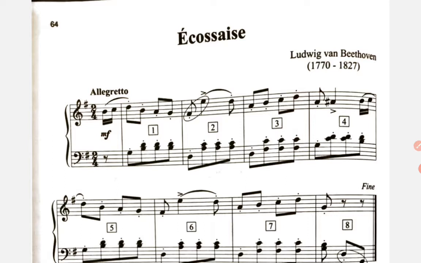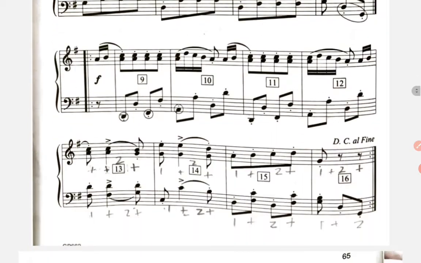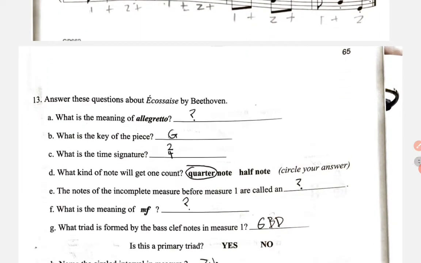So let's first look at some answers and see if they are correct. Question number 13 is about Kosiase by Beethoven. A. What is the meaning of allegretto?